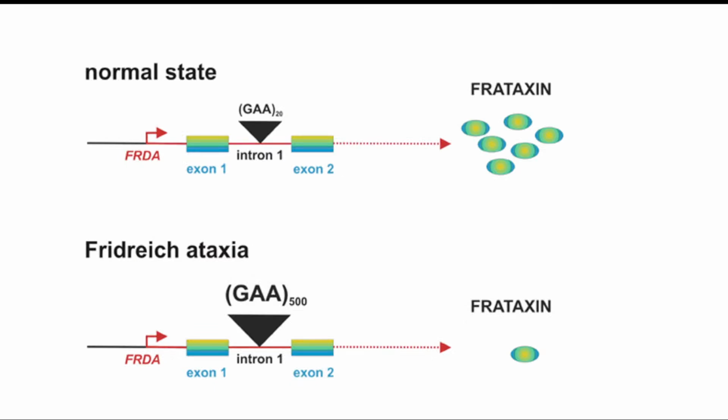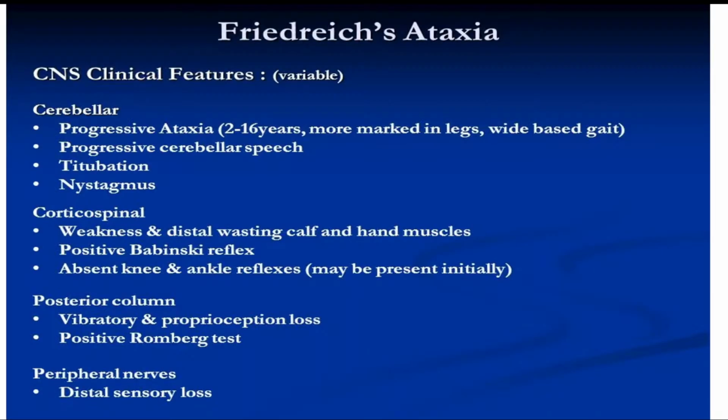So the reason for this disease is the increasing number of GAA repeats in the intron of the gene of frataxin. So the amount of this protein decreases.